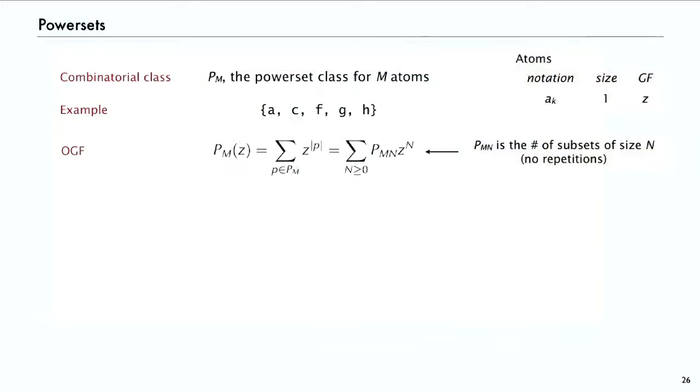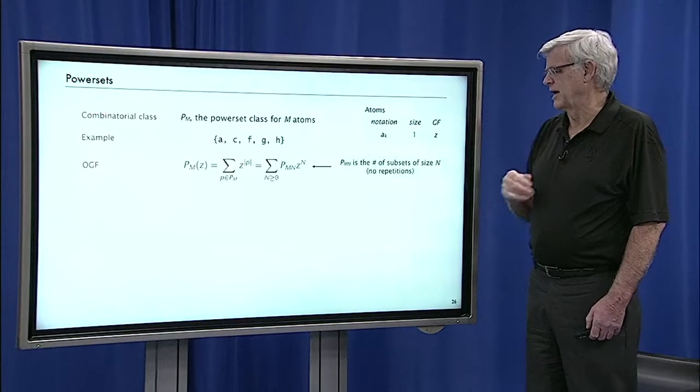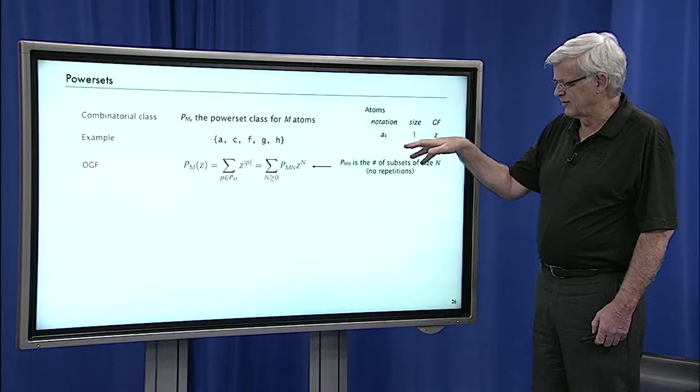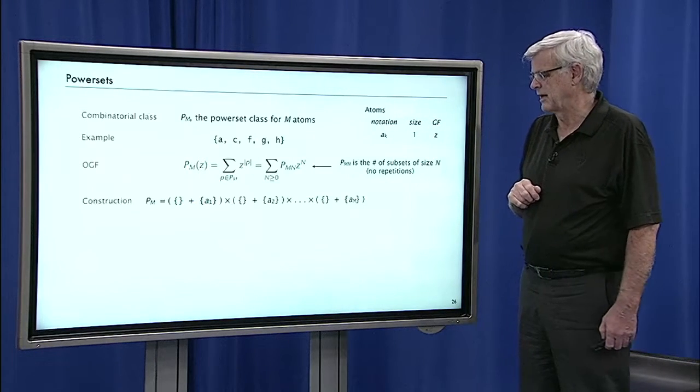Or if we use the fundamental identity and collect the ones of size n, then that's also equal to the sum for n greater than or equal to 0 of P_mn z to the n, where P_mn is the number of subsets of size n for the m atoms. And again, this is very familiar, but let's look at how it works formally with the symbolic method.